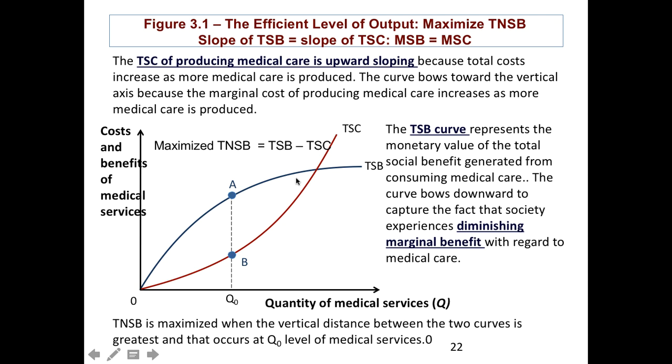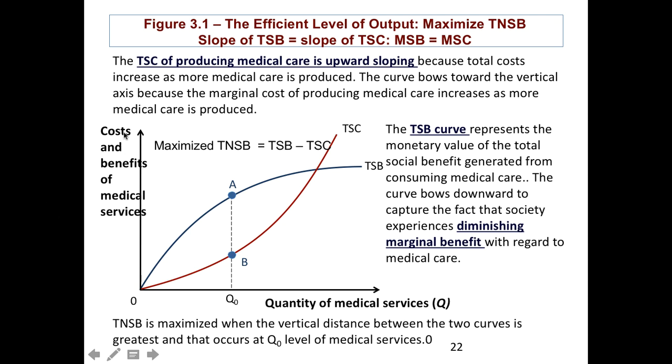At this point, this Q naught is actually the maximum difference between total social benefit and total social cost.